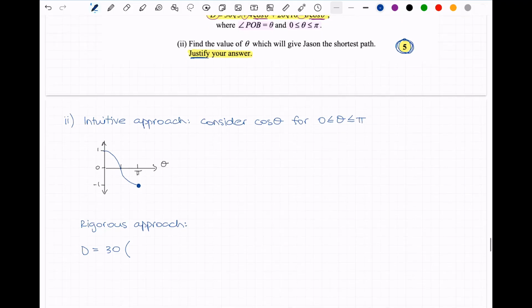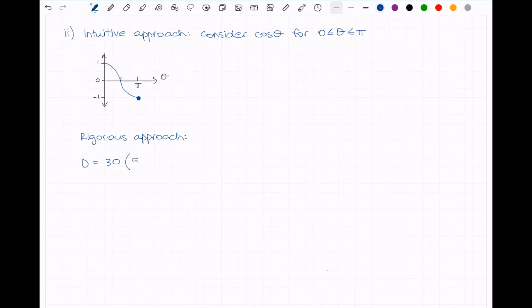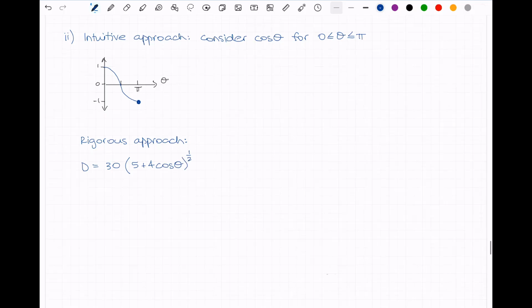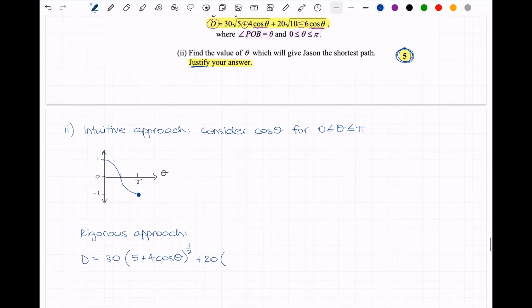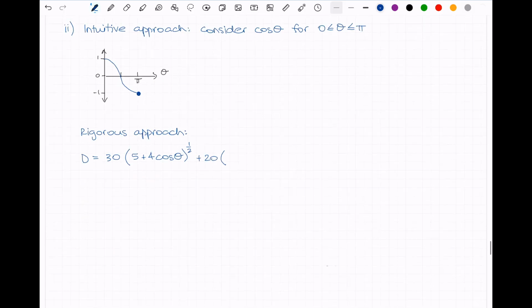So 5 plus 4 cos theta, and that's to the power of a half, plus 20, bracket, 10 minus 6 cos theta, and that's also to the power of a half because that's what a square root is.